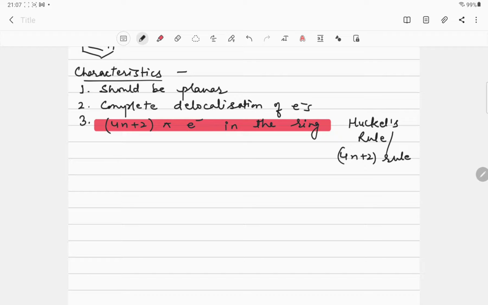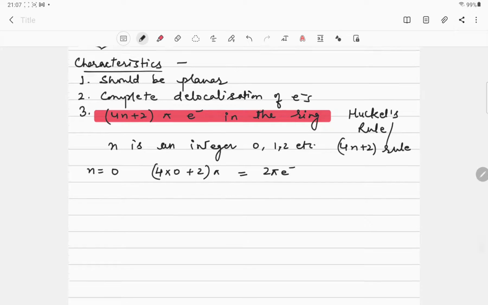Now, what does n stand for? n is an integer. Its value may be 0, 1, 2, etc. Let's start with, say, n equal to 0. Then 4 into 0 plus 2 pi electrons. So there should be 2 pi electrons in the system.